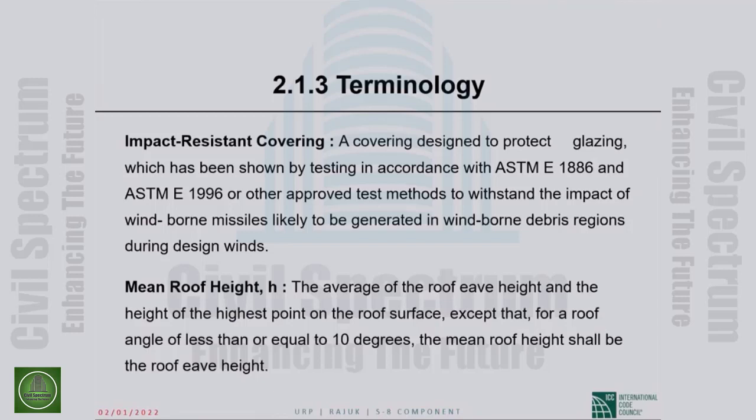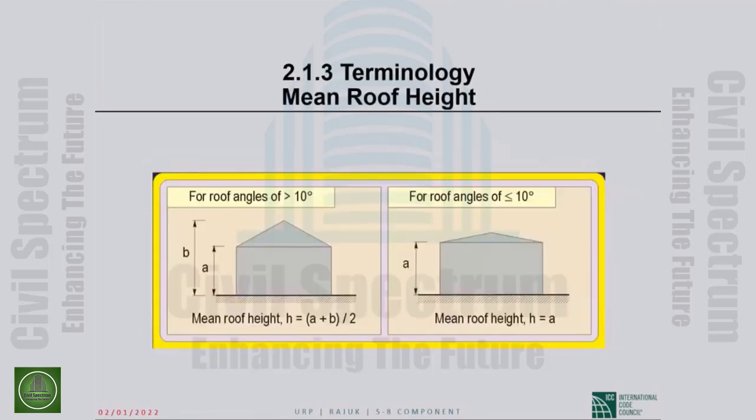Main roof height, H, is the average of the, okay, I have a picture. So main roof height, as I kept on saying, is the height to the halfway point between the eave and the ridge, which will make it equal to the average of A and B. Okay? But there is a major twist to it.